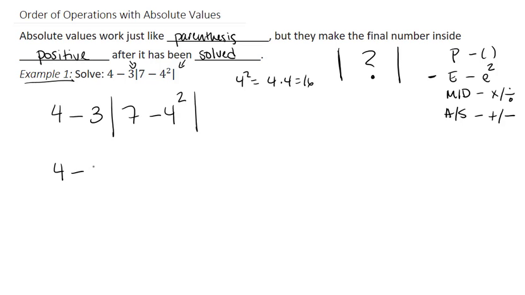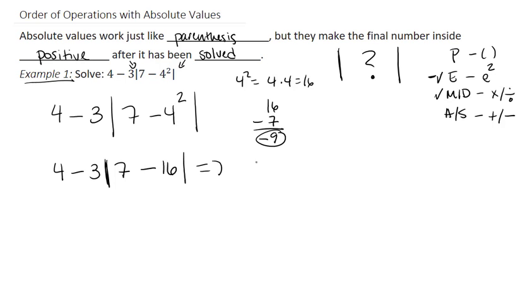So we have 4 minus 3, absolute value sign, 7 minus 16, close the absolute value sign. Then, since we've dealt with exponents, we don't have any multiply or divide, so we just need to subtract now. So this would become 16 minus 7, which is 9, but we take the sign of the larger number, so it's negative 9.